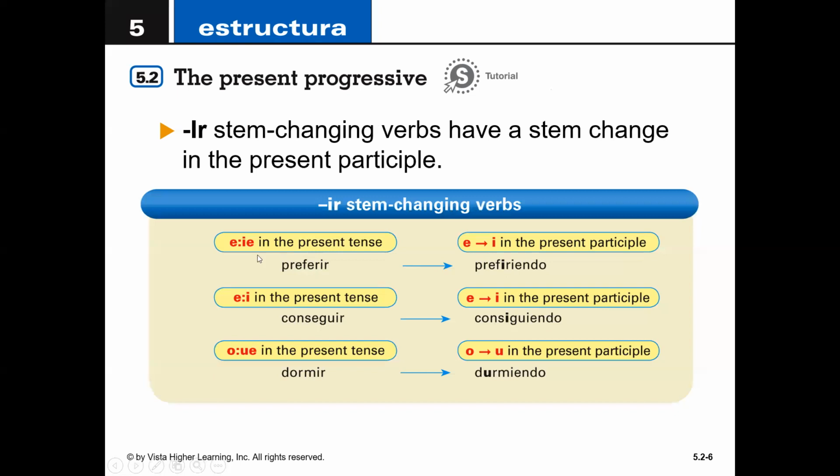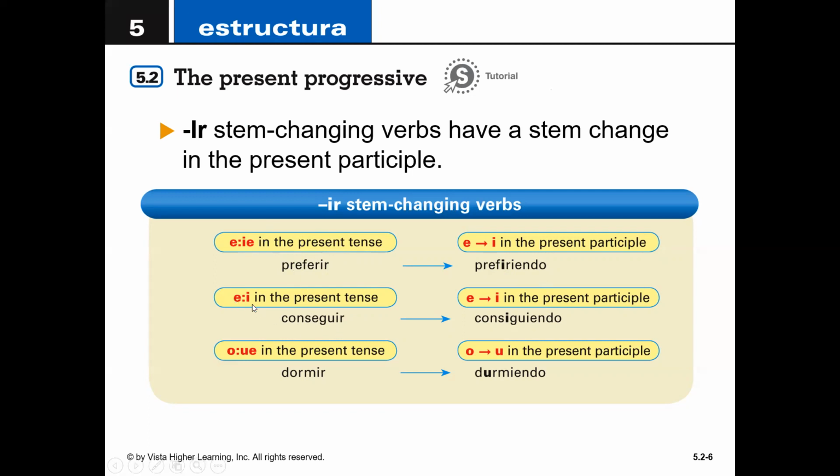For instance, preferir is an E to IE stem change. In the present tense you say prefiero, prefieres, prefiere. That's the stem change. What that gives us in the present participle is that same E, where there's the stem change, turns into an I. So you say prefiriendo. You'd say estoy prefiriendo, estás prefiriendo.